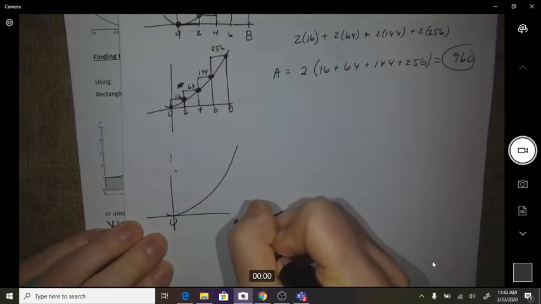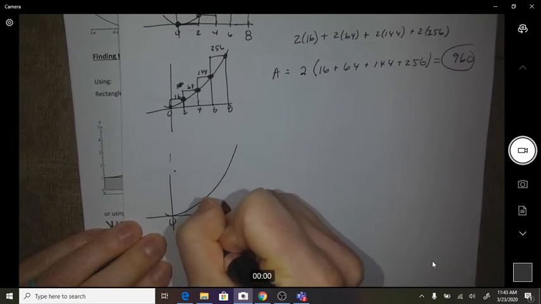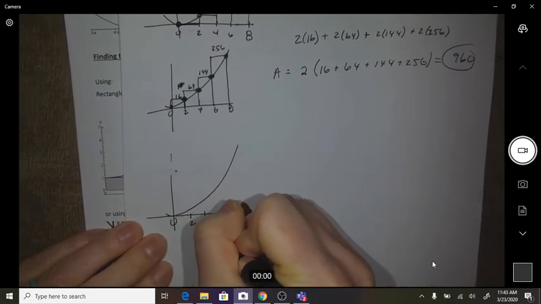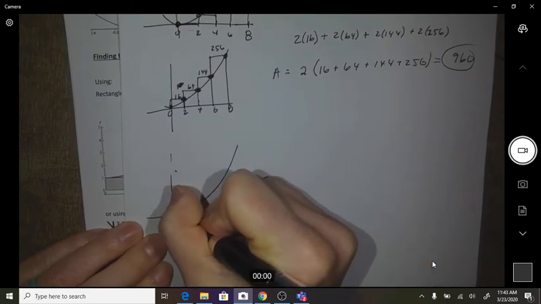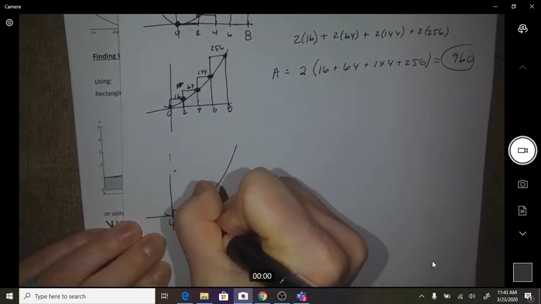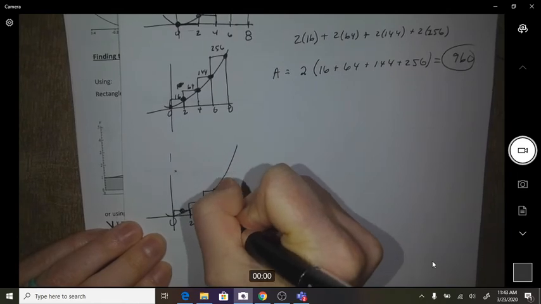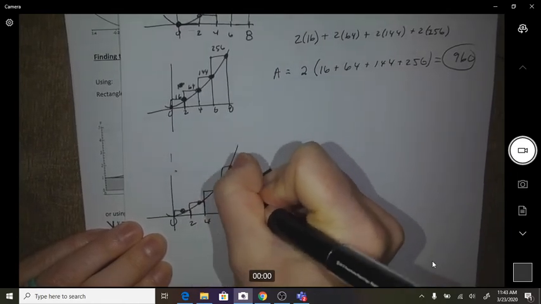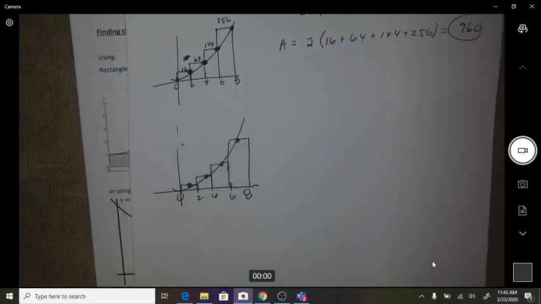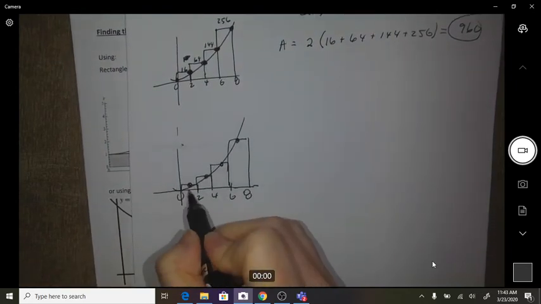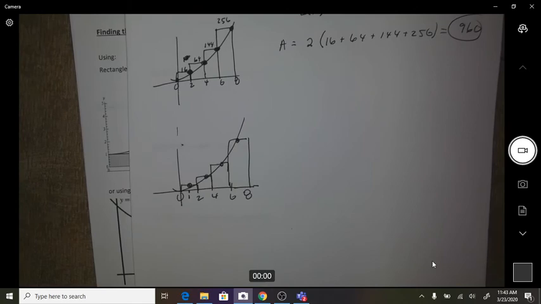Okay, let's do midpoints. From 0 to 8, the midpoint rectangles would be like that. Now don't forget that this is really at an x value of 1.